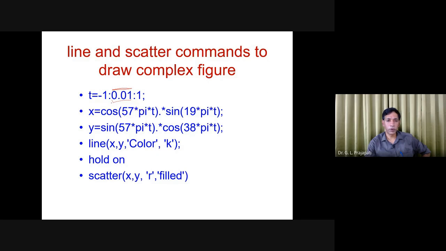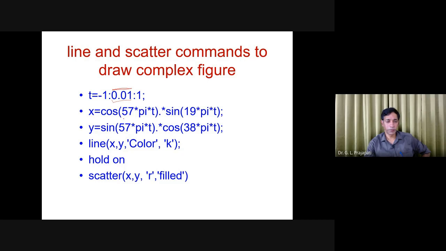I don't know how many points there will be. If you run this command, then you will know exactly how many points there are. You can compute now this function cos of 57 pi times t, and pi times t. Because this is a scalar, there is no harm, that's why you don't use the dot operator here. Here also the same thing.